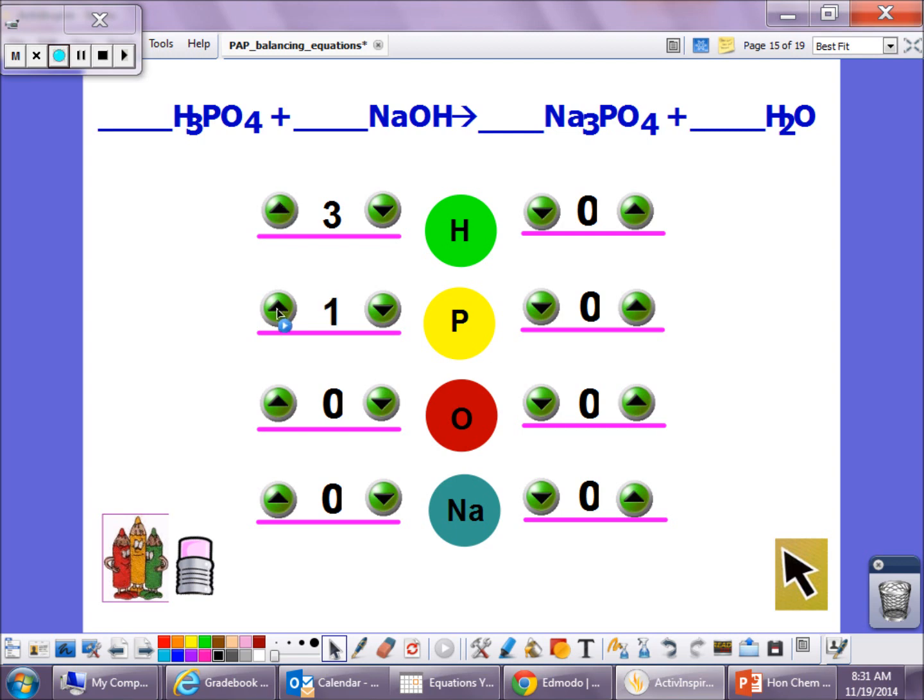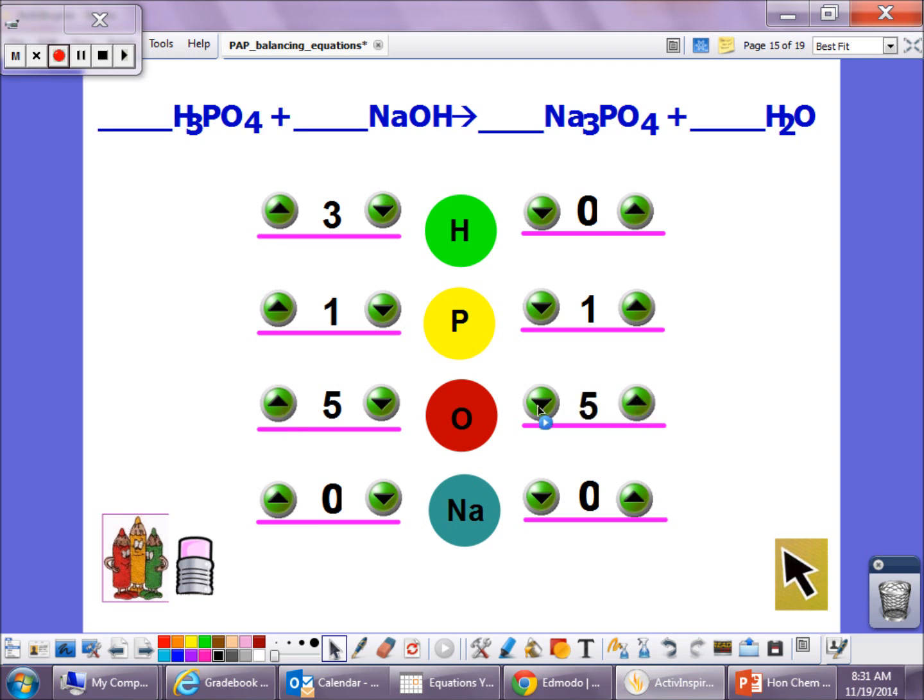I'm okay with phosphorus right here. Okay, I should add, not take away. I have 4 oxygen plus 1 oxygen on the reactant side. 4 plus 1, give me 5 oxygen. And then I have 5 on the product side also.